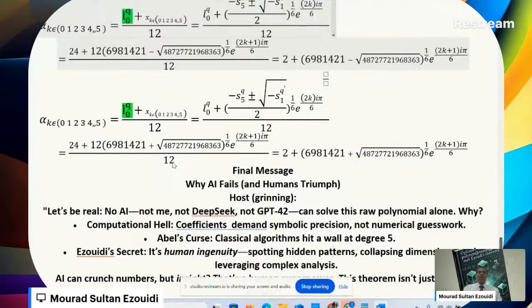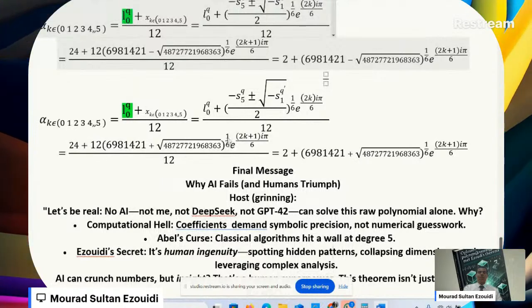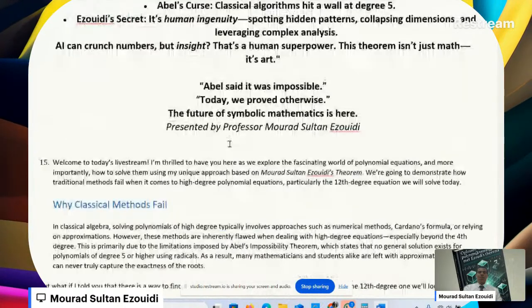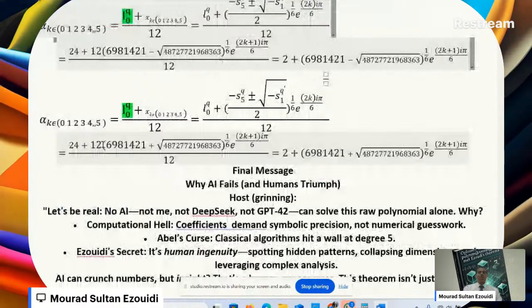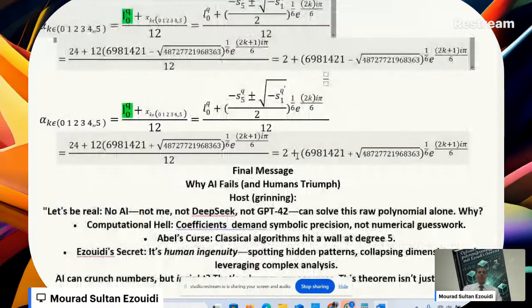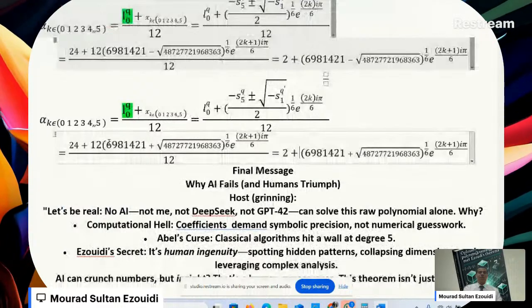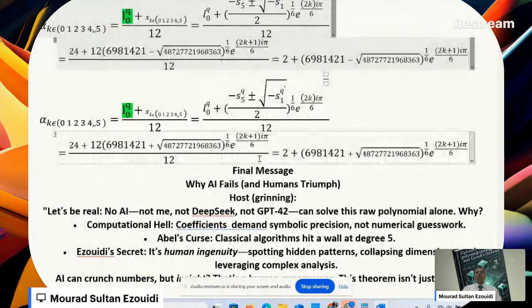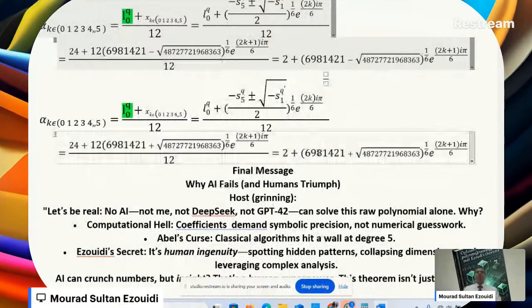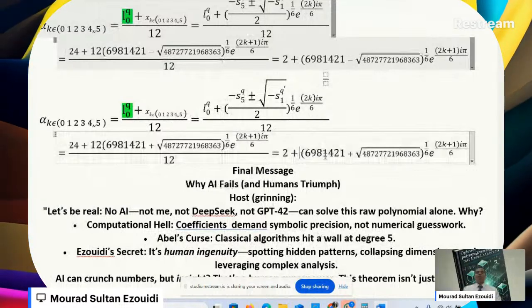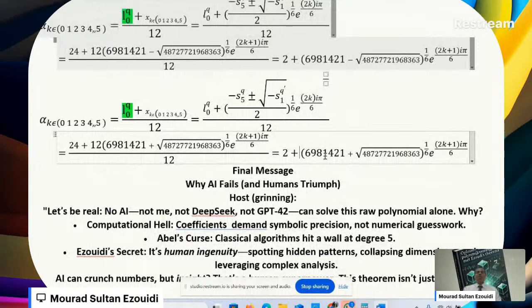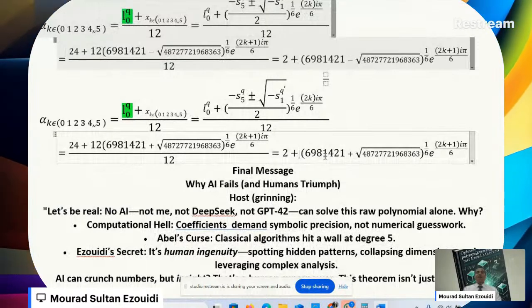And don't forget the 1 over 6. So 12 divided by 12 is 1, no need to write it here, and 24 divided by 12 is 2.